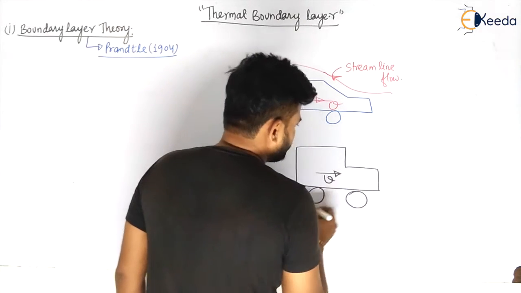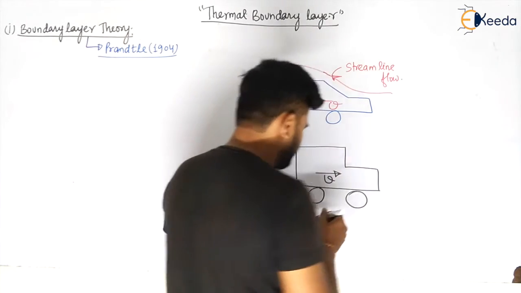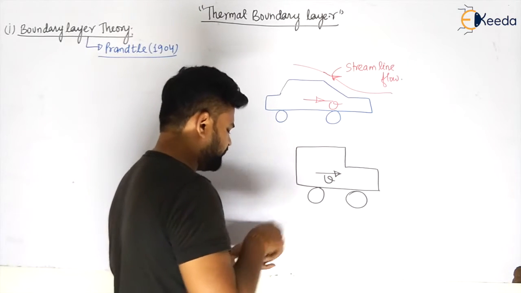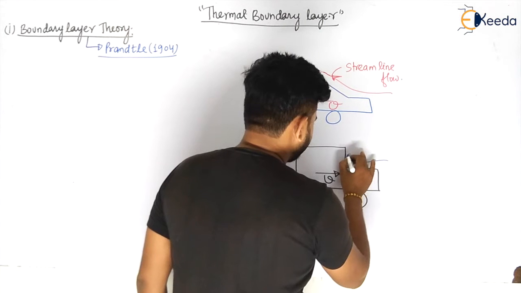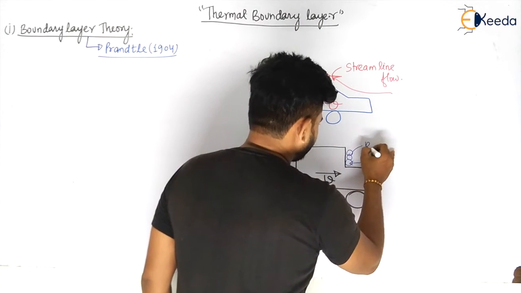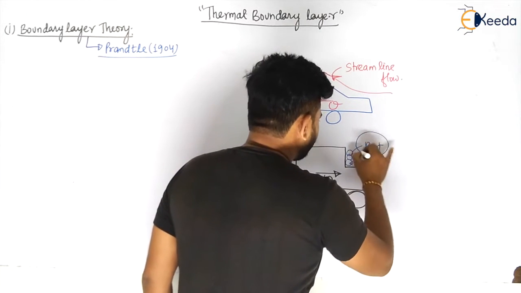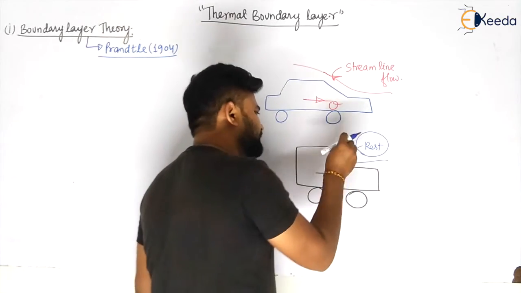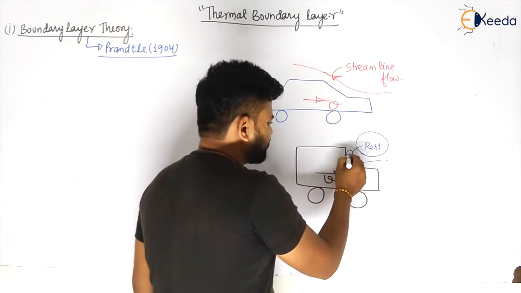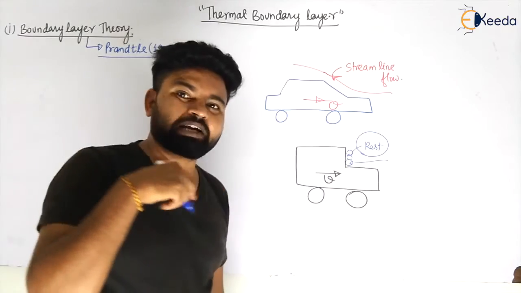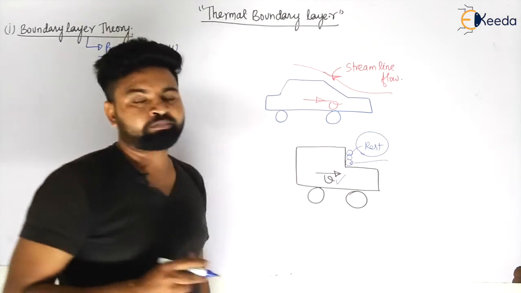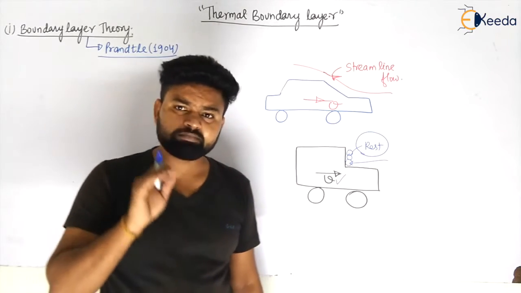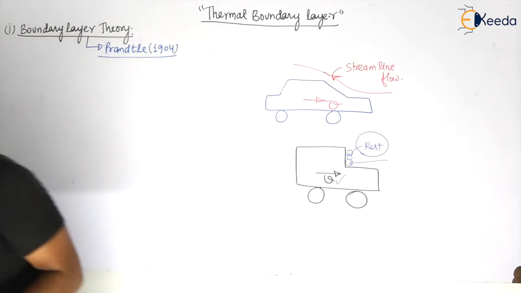As the fluid comes in this direction, as this is moving with v velocity, the fluid will come and it will be at rest. When the fluid touches this surface, the fluid molecule will come to rest and attain the velocity of this truck. Let us understand it carefully, what is happening.